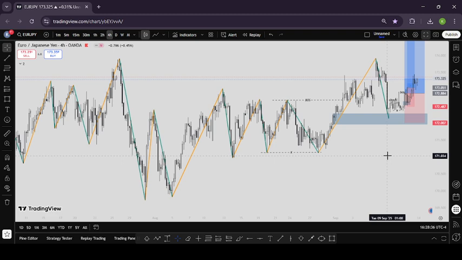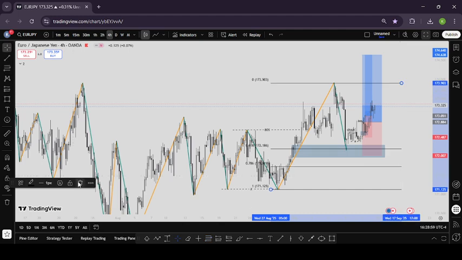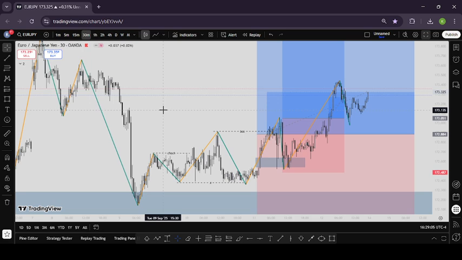Once again, confluences would be the liquidity sweep, break of structure, the demand zone over here, the FERB level, 61.8 level, and then I went on the 30 minute. So basically the first entry I entered was on this big candle here.